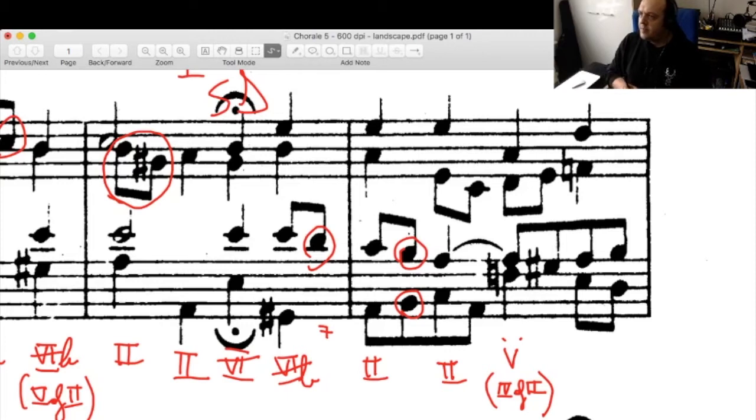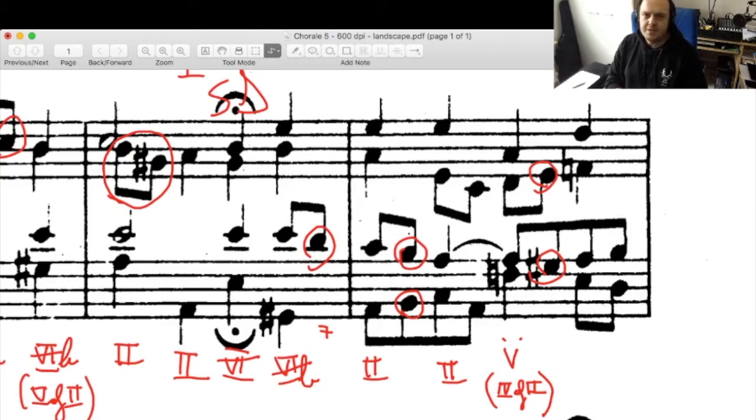And let's see, passing note, lower auxiliary, passing note, lower auxiliary. What's happening then there? D minor.